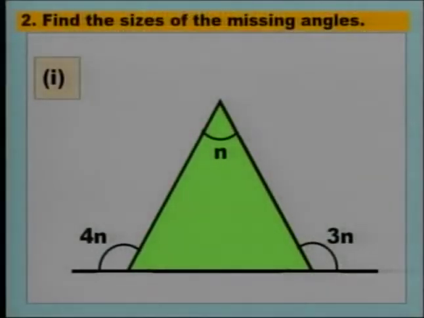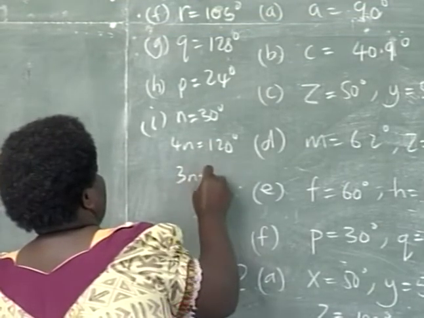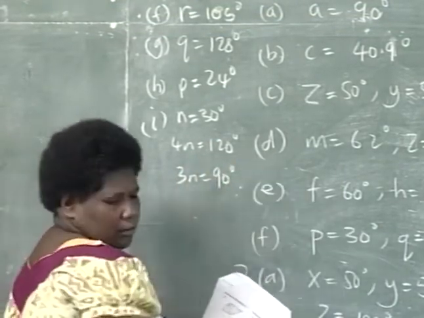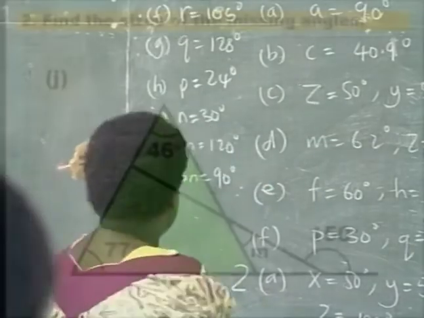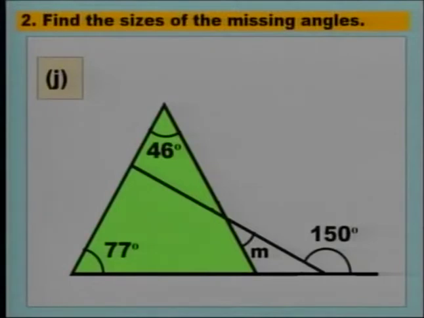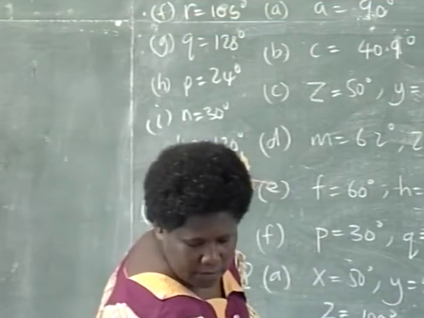Agnes, N. N is equal to 30 degrees. 4N is 120 degrees and 3N is 90 degrees. Okay. Good. Letter J, Pond Relay. M is equal to 27 degrees. M is 27 degrees, good.